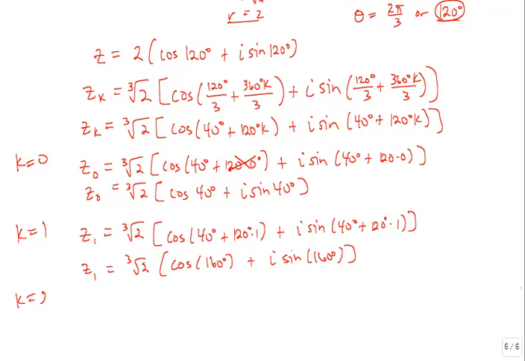And finally, if I let k be 2, then z sub 2 would also be cube root of 2, but now we're going to take that angle and do 40 degrees plus 120 times 2, because now k is 2.